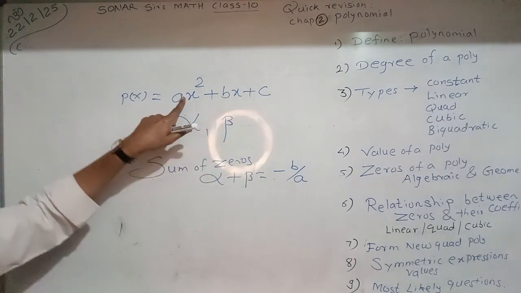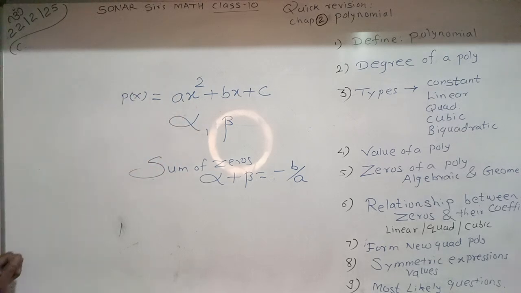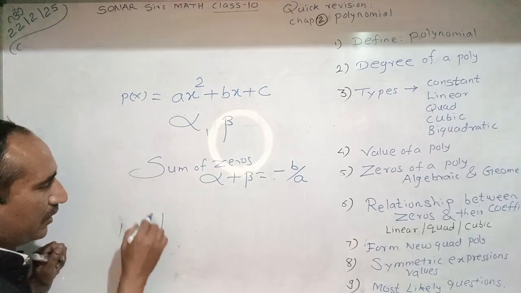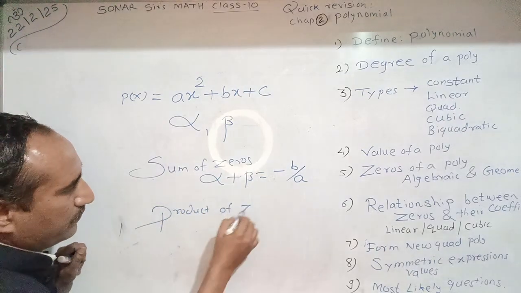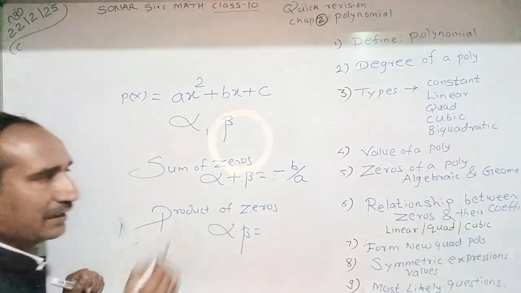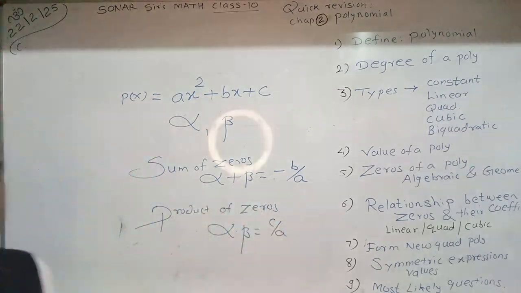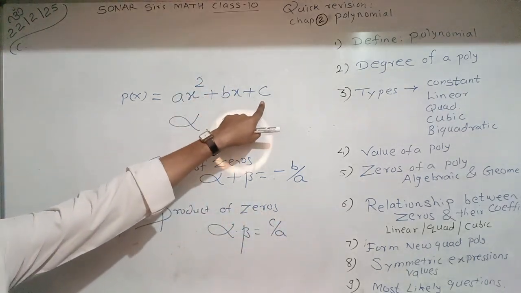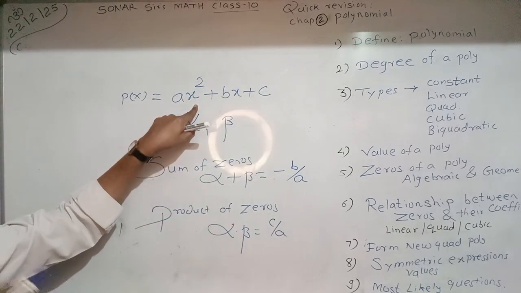What is a? A is the coefficient of the square term, x square. Now the next term is the product of zeros. So alpha into beta is equal to c upon a. So what is c? C is the constant of the quadratic polynomial and a is the coefficient of x square.